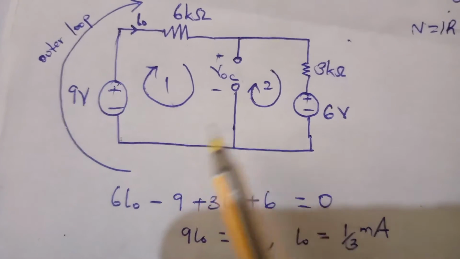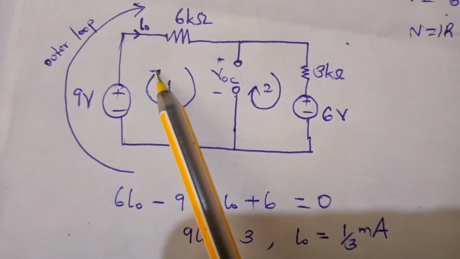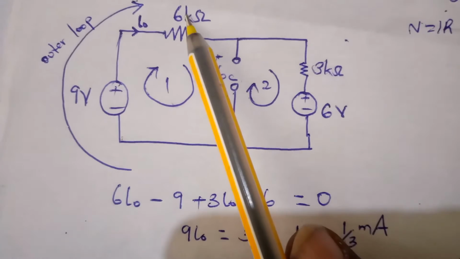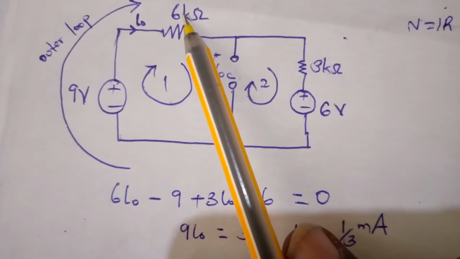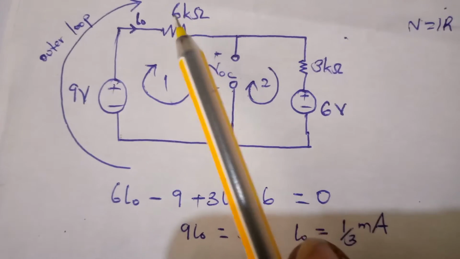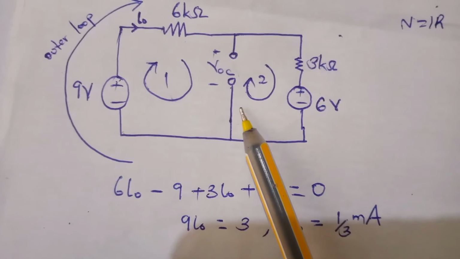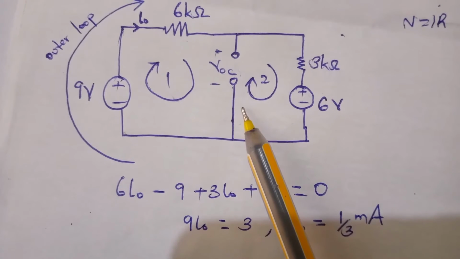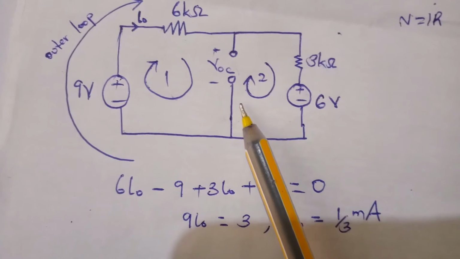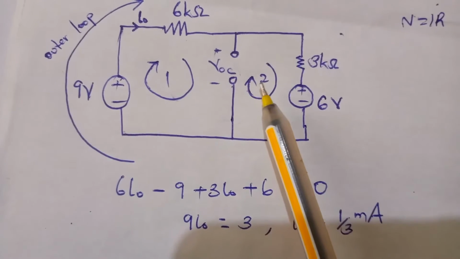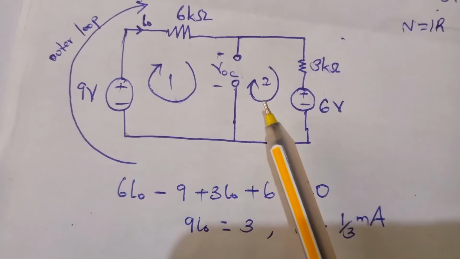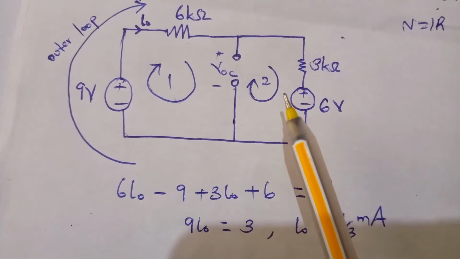So negative 9 plus a third by 6, the voltage across the 6 kilo ohm, then plus VOC, which is the voltage across the output, the open circuit voltage across the capacitor. It is giving us 0 using KVL.